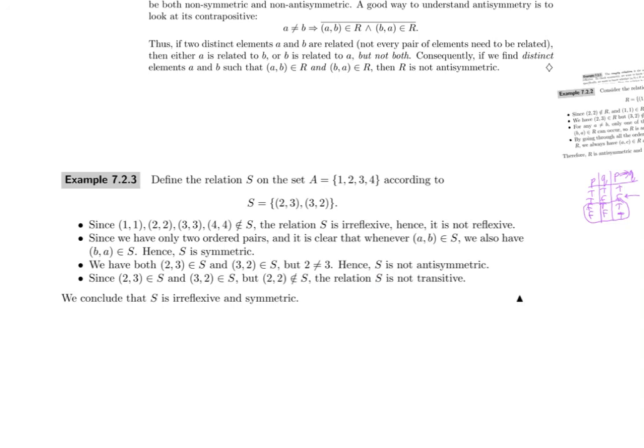And then finally, if S were a transitive relation, then having (2, 3) and (3, 2) in the relation would mean we would have to have (2, 2). In fact, it would also mean that having (3, 2) and (2, 3) in the relation would mean we have to have (3, 3) in the relation. And we have neither of those in there, so that tells us S is not transitive. So the only properties that this S has, according to what we've just examined, is that S is irreflexive and symmetric.